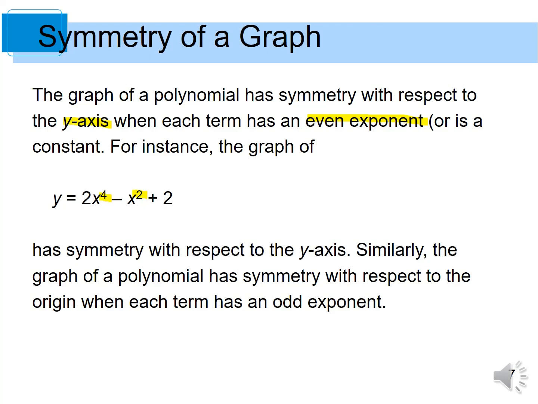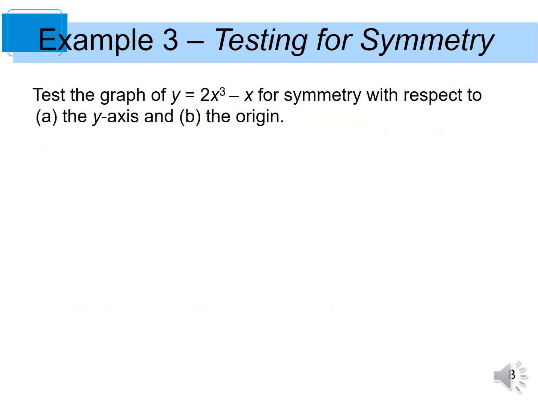Then, the graph of a polynomial has symmetry with respect to the origin if each term has an odd exponent. For this example, how are you going to test the graph for symmetry with respect to the y-axis and the origin?